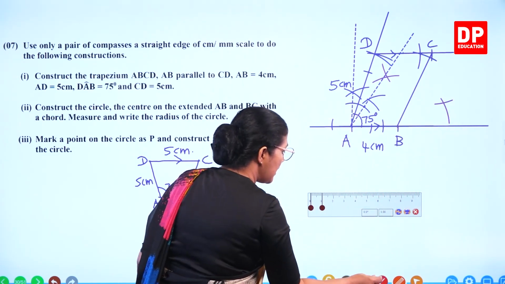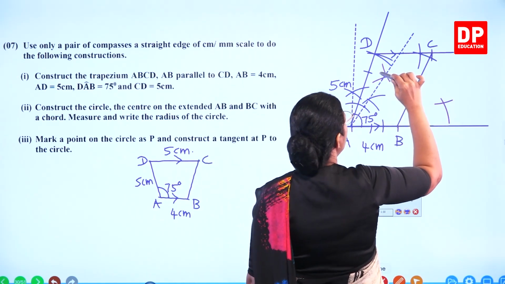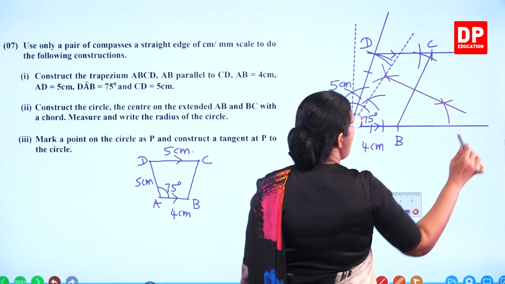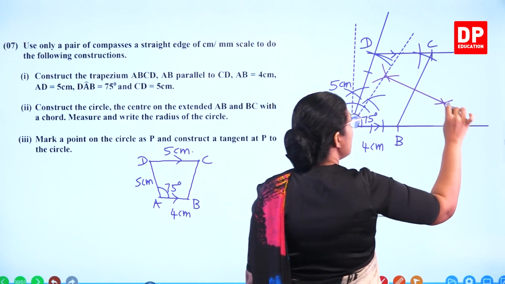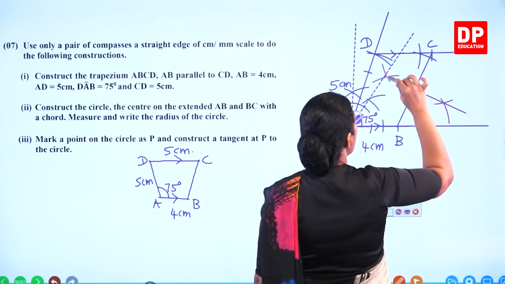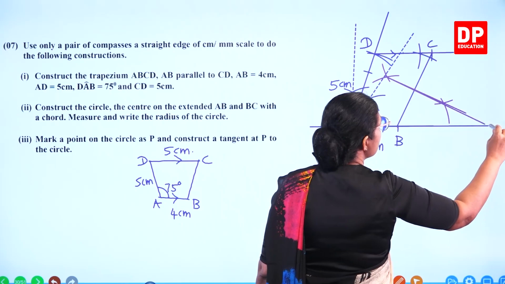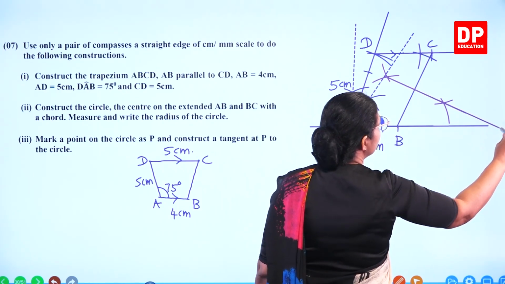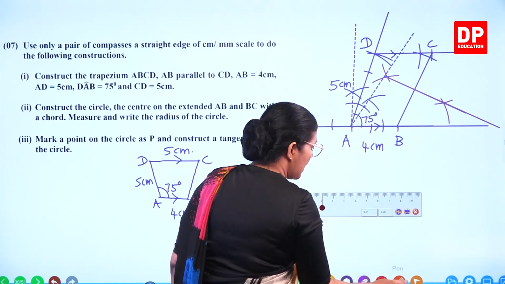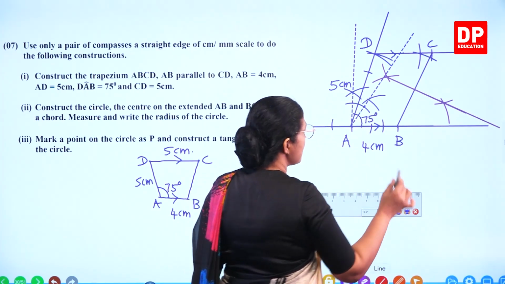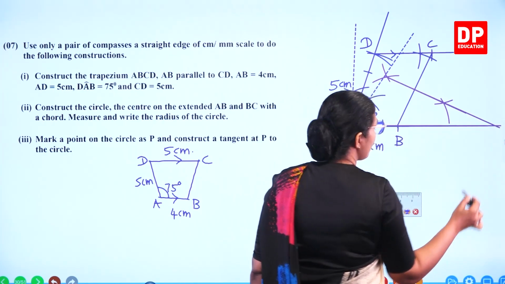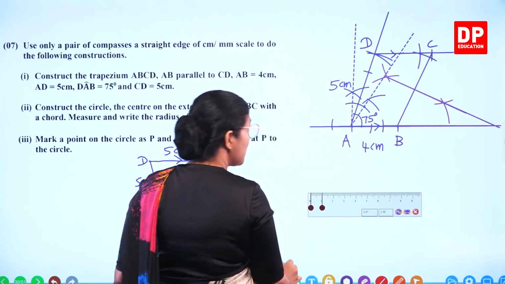Now you can connect these two intersecting points, and you can draw till you get the AB line. That line and this line intersection is the center of the circle.